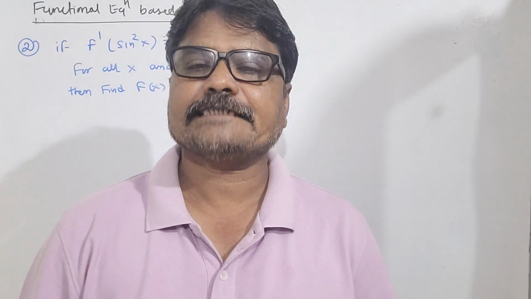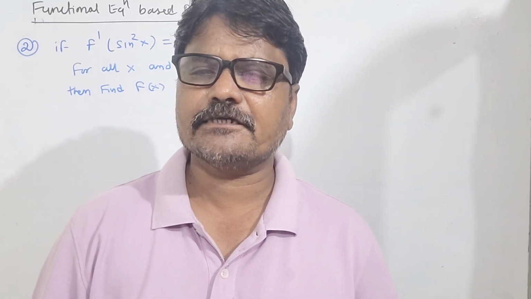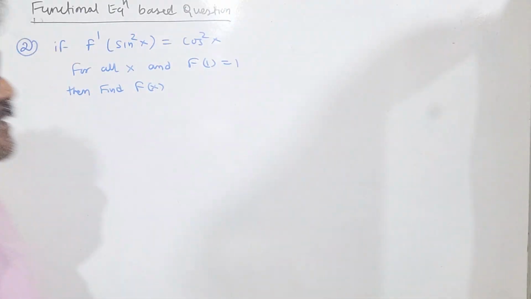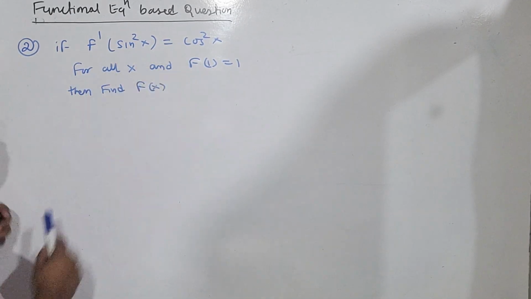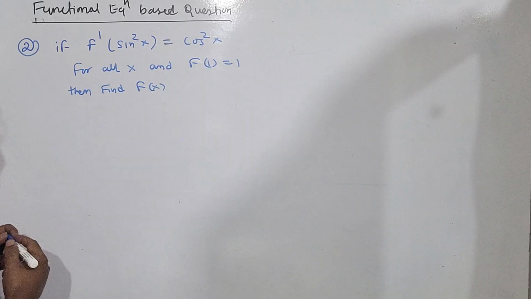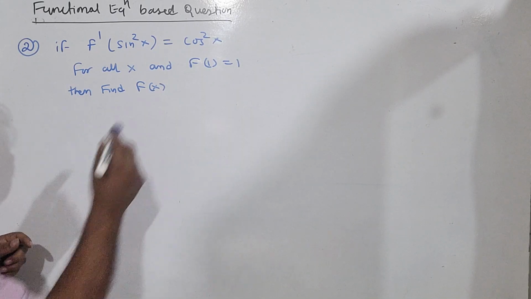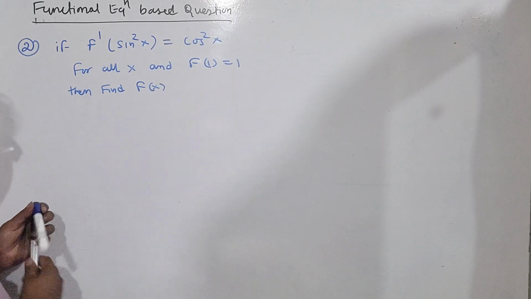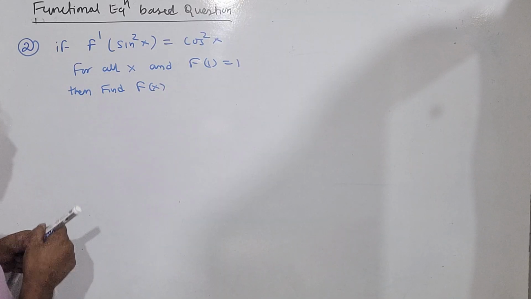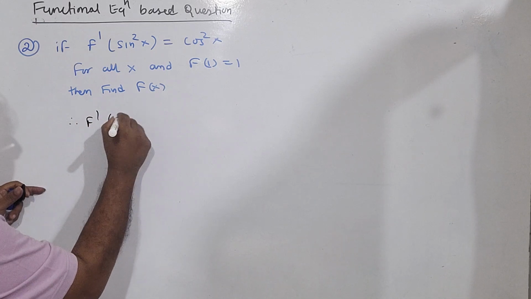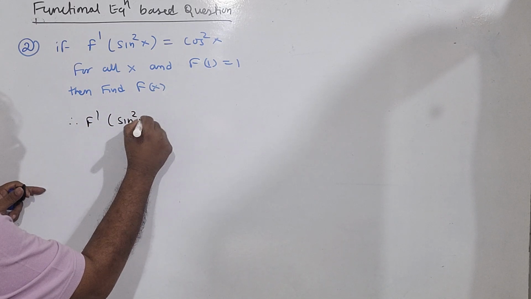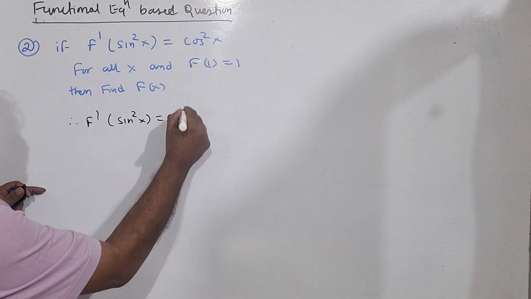Now look at this second question. This is again very interesting and fundamental. If f dash of sine square x equals cos square x for all x, and f of 1 equals 1, then find f(x). Got it? So f dash of sine square x equals cos square x.